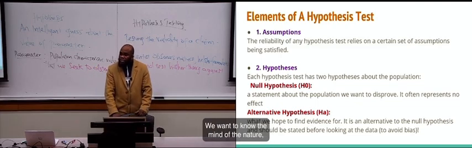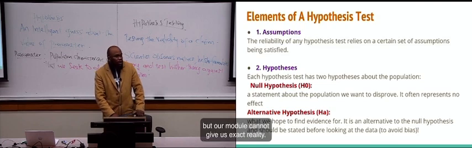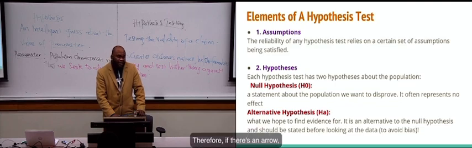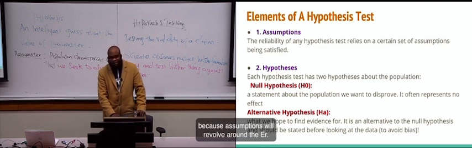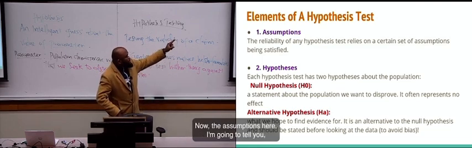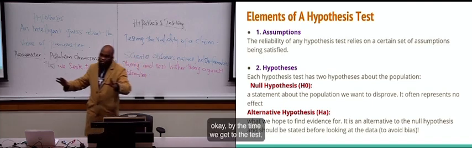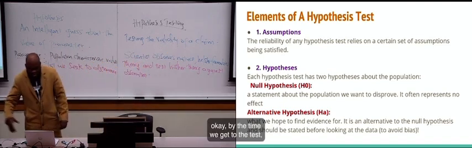We want to know the mind of nature, but our model cannot give us exact reality. There's always going to be an error. And therefore, if there's an error, there are going to be assumptions, because assumptions will revolve around the error. Now, the assumptions here, I'm going to tell you by the time we get to the test.